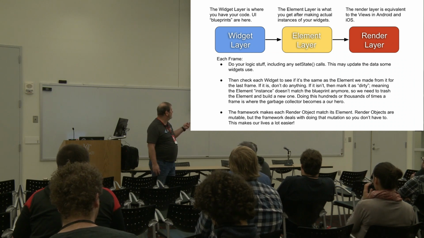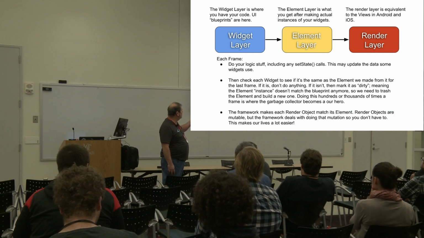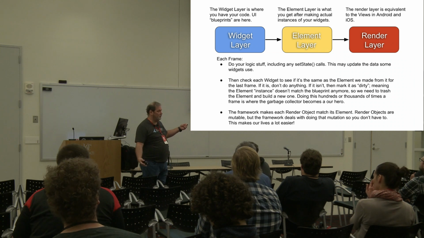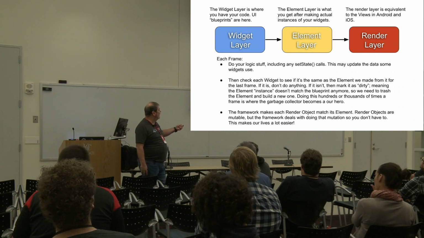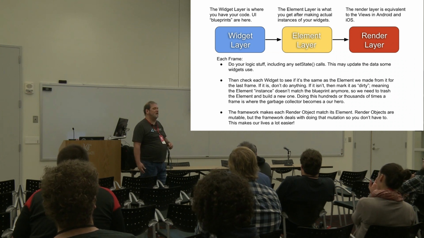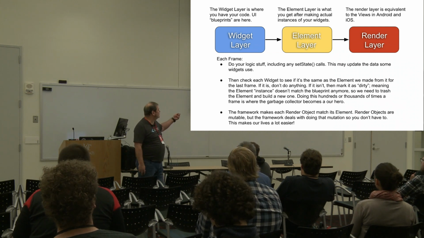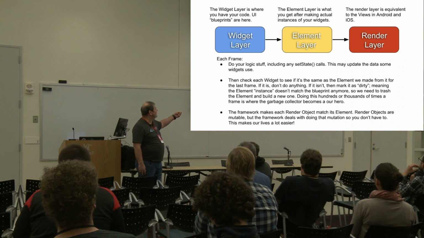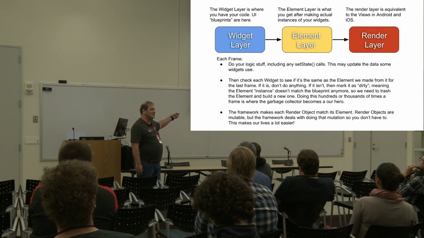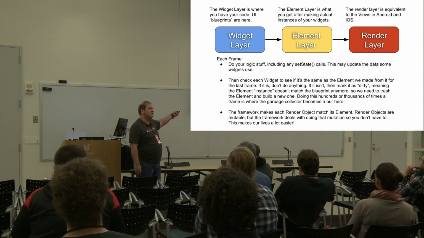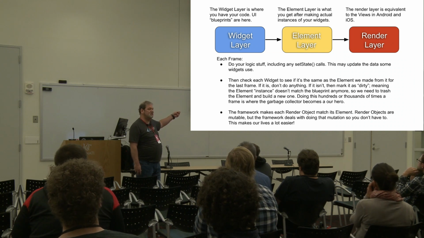Now, what ends up happening as you go is each frame you're going to do your logic. Your set state calls, which is one of the ways you change state, and everything else. It's going to change the data that a lot of your UI relies on. So then you're going to go through each UI element and ask, does what this represents now, basically, does my text widget still point to the same variable it did on the last frame?